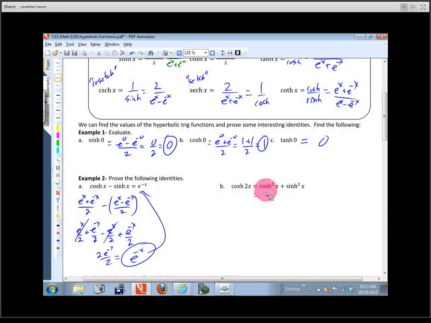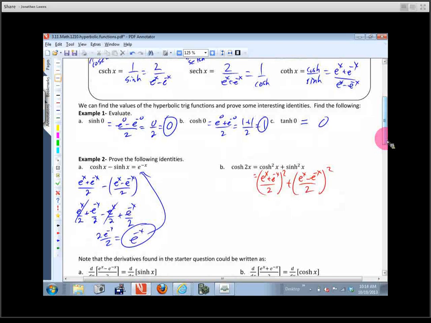If I take the cosh squared, that's going to be e to the x plus e to the negative x over 2, quantity squared, plus e to the x minus e to the negative x over 2, quantity squared. And let's see what we've got here.